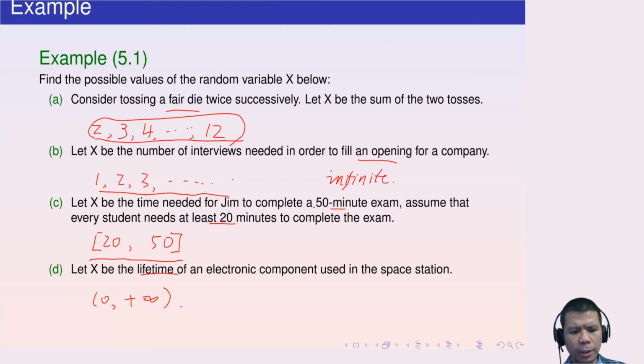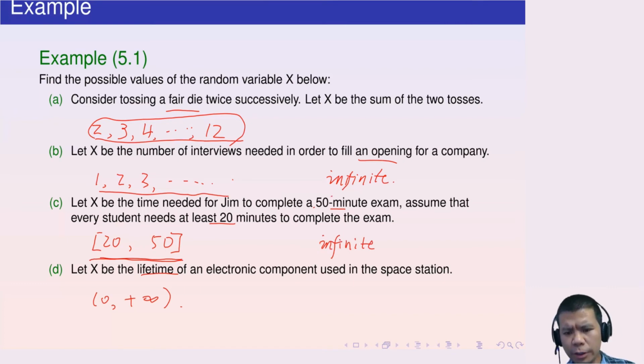Now, how about C? How many possible values are there in this interval? Because the decimal points are also inside the interval, if you count the decimal points, then it is also infinite, right?